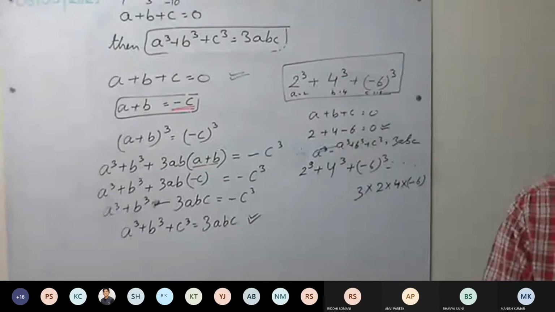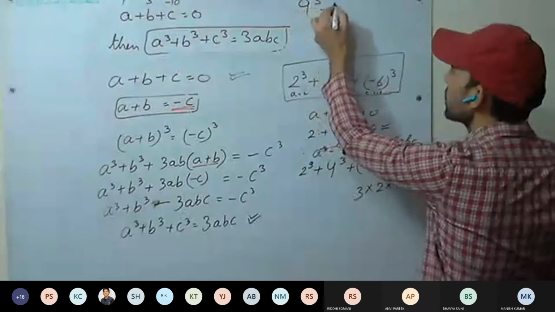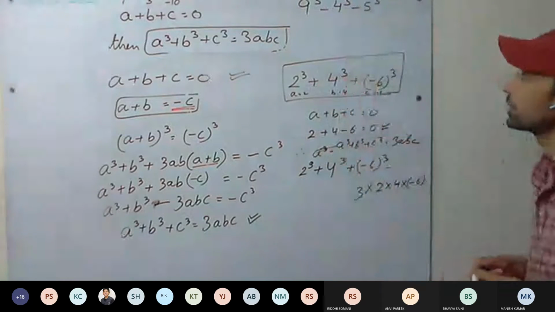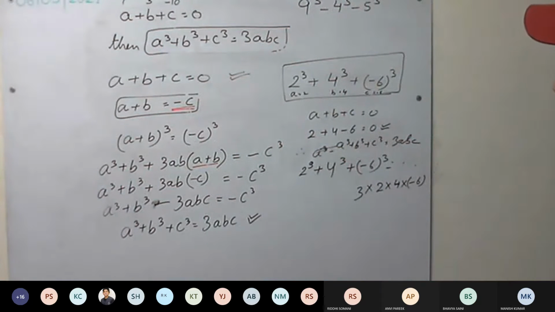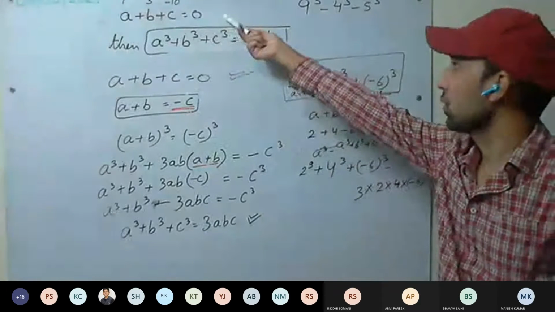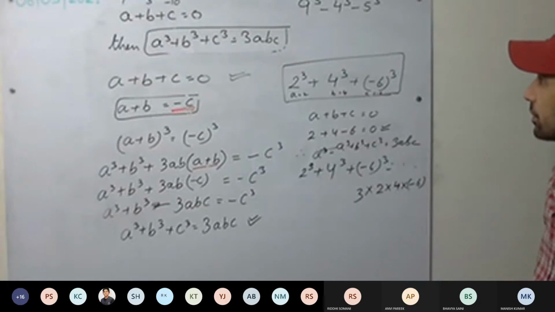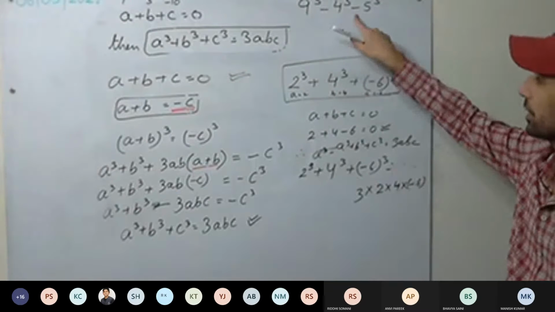Those who have done this one, solve this one: 9 cube minus 4 cube minus 5 cube. Solve this one and check whether that condition holds true for this one. Is anyone getting confused with the minus sign here?